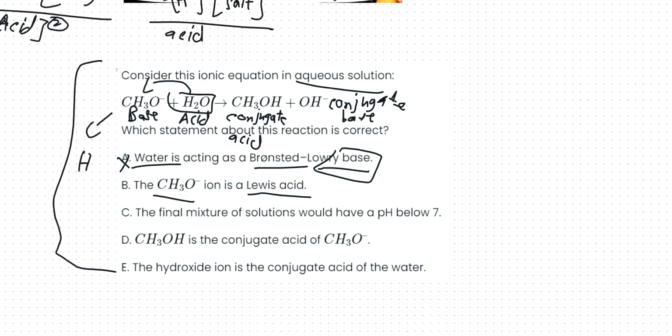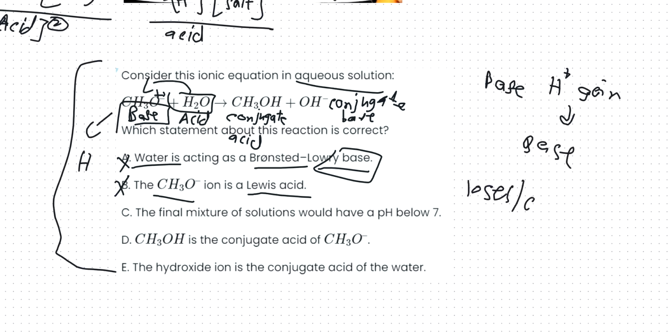B says that CH3O minus is a Lewis acid. CH3O minus, you can see, I told you it's a base. So this is wrong as well because it is gaining one proton. If something is gaining a proton, then it's called a base. If something loses or donates protons, then it's acting as an acid. So B is also wrong.